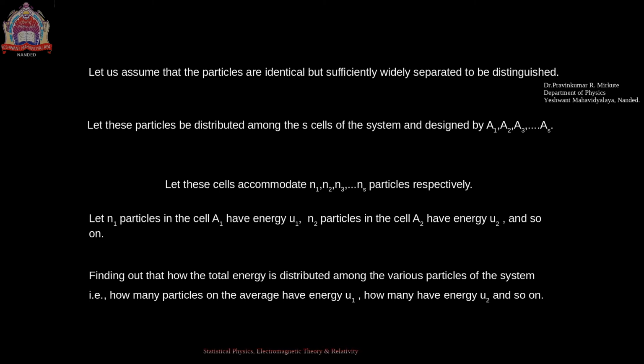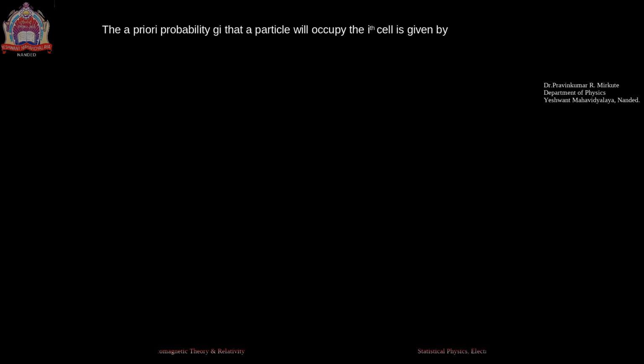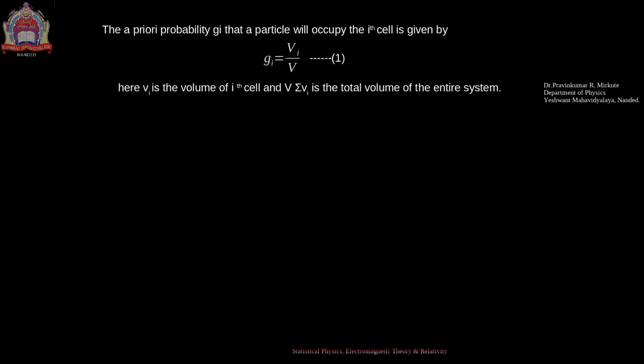So we require the a priori probability, that is gi, that a particle will occupy the ith cell, and it is given by gi is equal to Vi by V. Here Vi is the volume of the ith cell and V, the summation of Vi, is the total volume of the entire system.